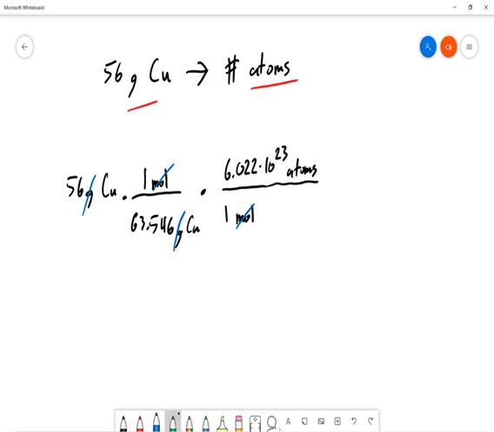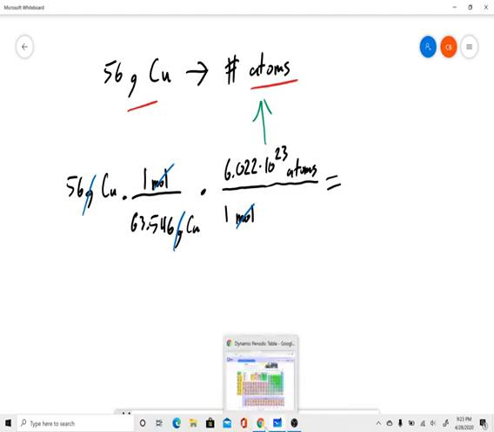Because a mole is a mole of anything. But we want atoms in this case. So, let's figure out how many atoms. So we're going to take 56 and then divide it by 63.546. And then we're going to multiply it by the mole, by 6.022 times 10 to the 23rd.